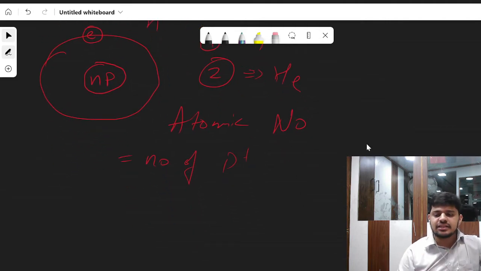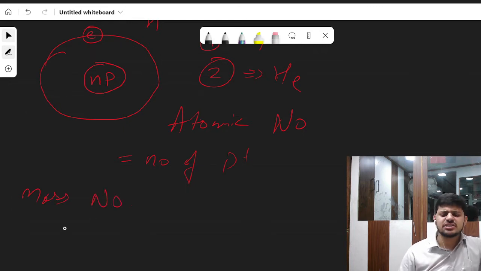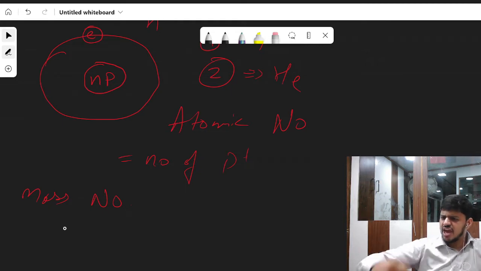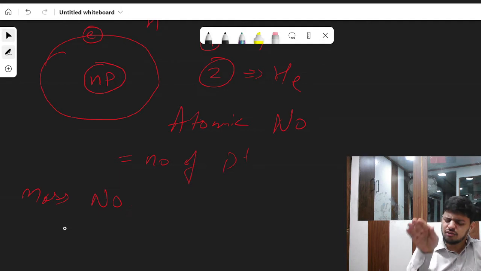There is another thing which is called the mass number. You know what the mass number is? The mass number is how much the mass of this atom is. Guys, the proton and neutron are very heavy. But the electron, in front of the proton, is a very small child.